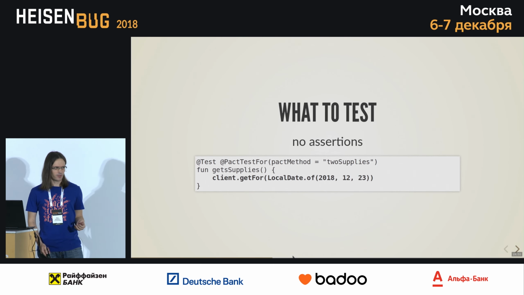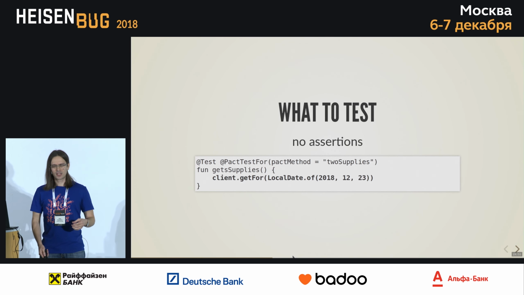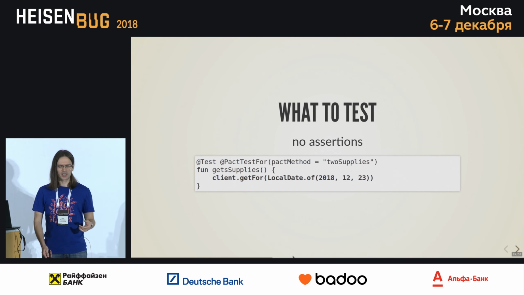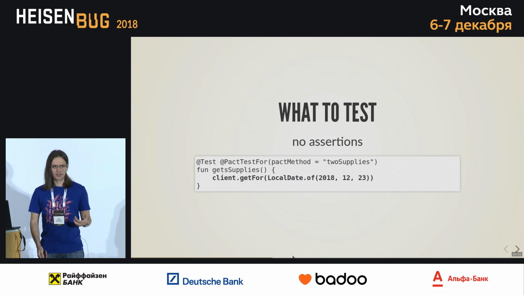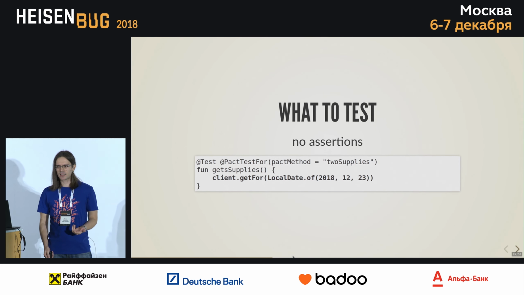So tests before were using no assertions. And still we caught some errors. What we were checking is that our client code is able to make a request and that our deserialization works. So, okay, you can do it, but usually when we write tests, we write some assertions.